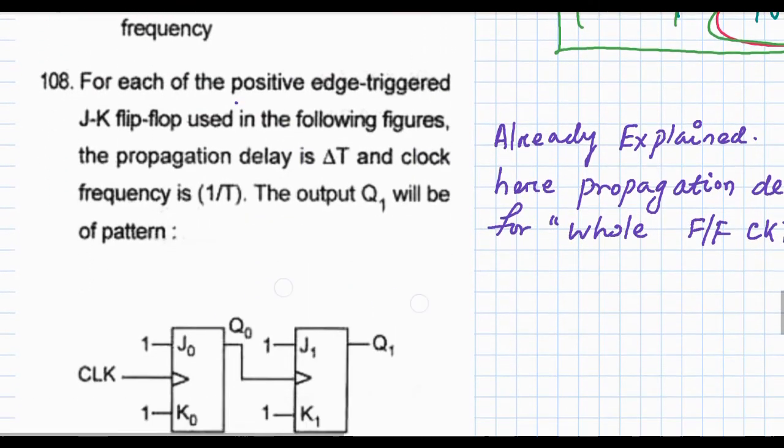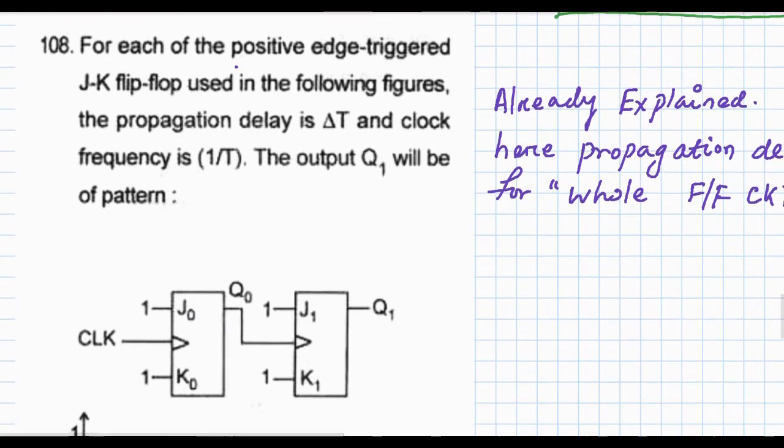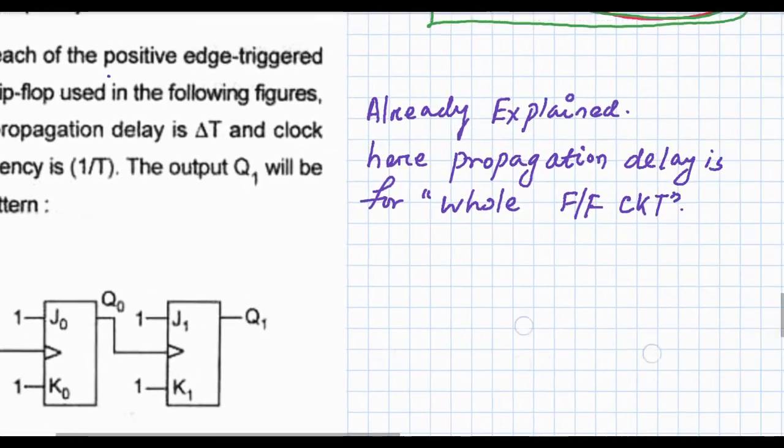Next, question number 108. For each of the positive edge triggered JK flip flops used in the following figure, the propagation delay is del t and the clock frequency is 1 by t. The output Q1 will be of which pattern? I have already explained the JK flip flop.